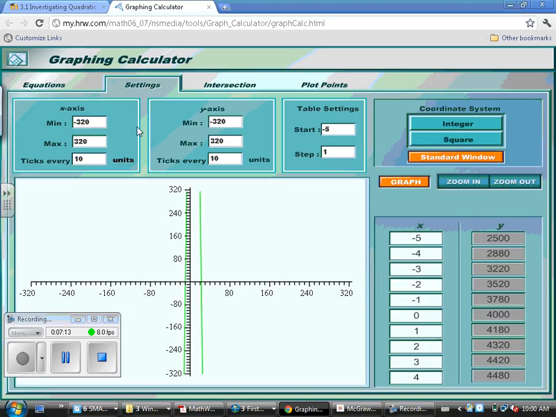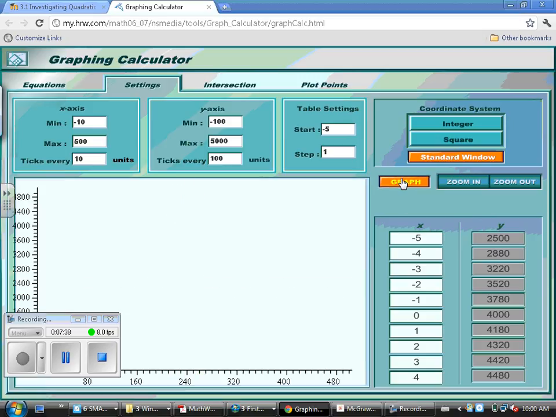Make my minimum x-axis value -10 and my maximum, well, last year we had 400 sessions, so we'll make my maximum 500. And then my y-axis will have a minimum of -100 and a maximum of 5,000, because I think that's kind of where my values are going to lie. Okay, and then I can graph it again.